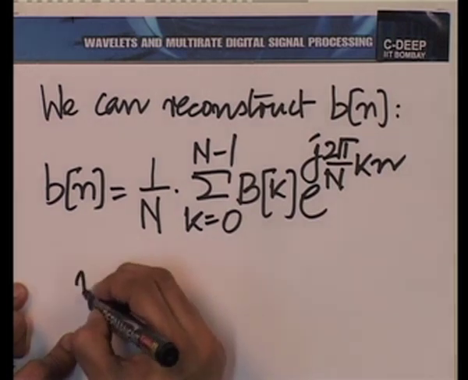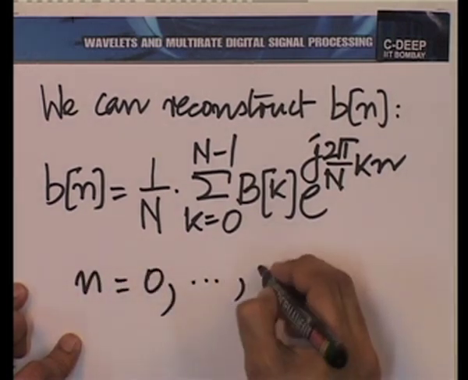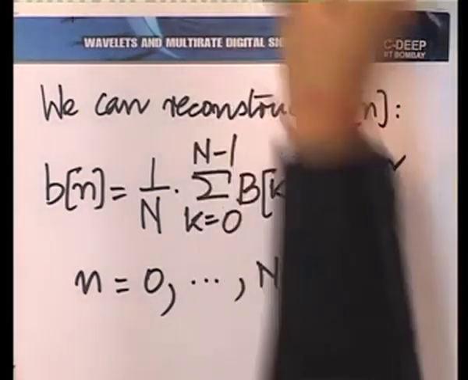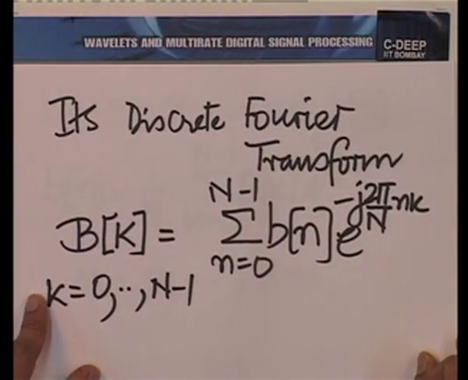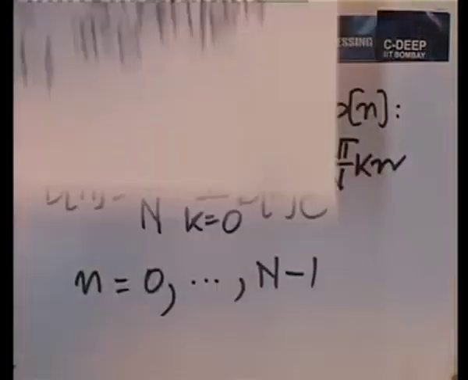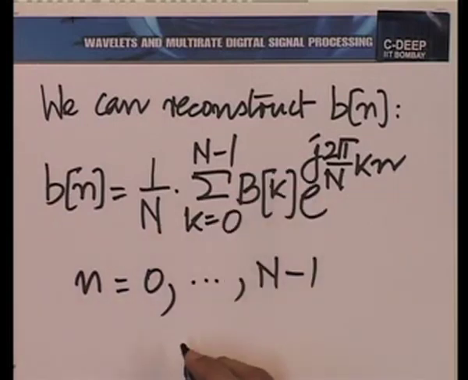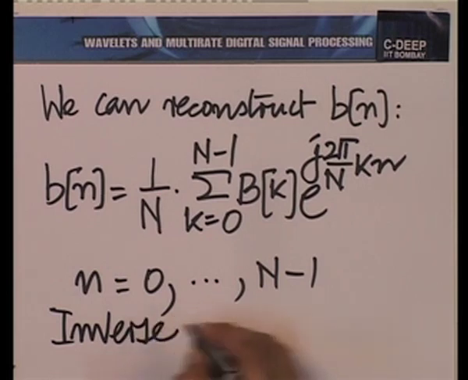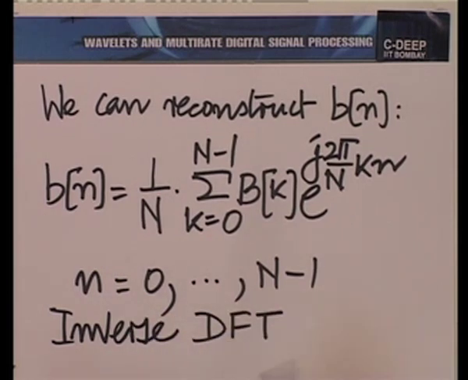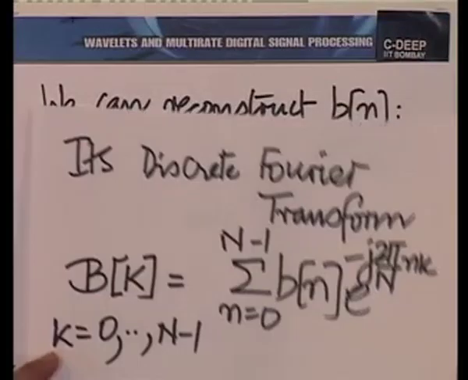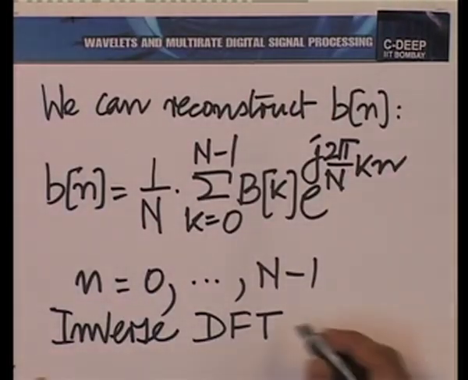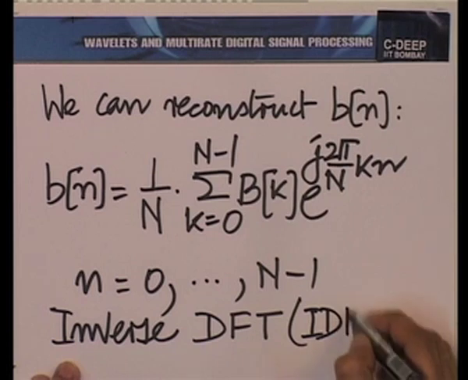capital B of k e raised to the power j 2 pi by N k n. Now, this is true for n going from 0 to capital N minus 1, but after all, if you recall, what we have here in the discrete Fourier transform expression and in this expression is essentially an inverse discrete Fourier transform. Recall that the discrete Fourier transform is often abbreviated by DFT and the inverse discrete Fourier transform by IDFT.